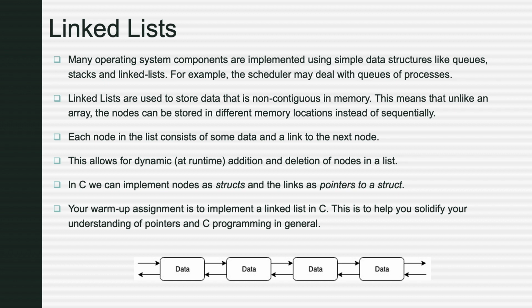In C, we can implement nodes as structs, and we can use pointers to link these structs together. Your warm-up assignment has been to implement a linked list in C, and hopefully this will help solidify your understanding of pointers in C.